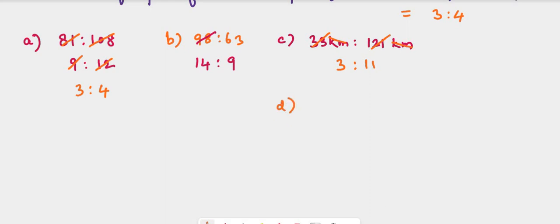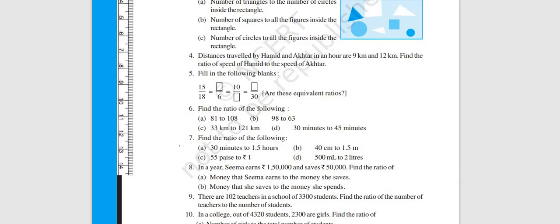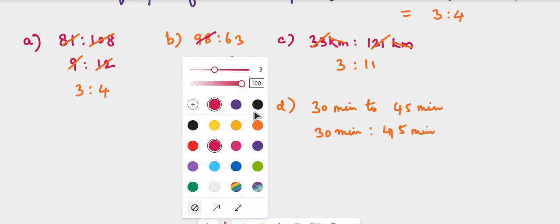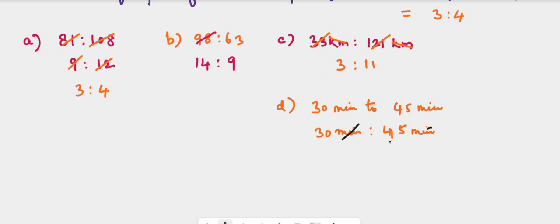Next question number D, 30 minutes to 45 minutes. In both, minutes will get cancelled. 5 table is possible.